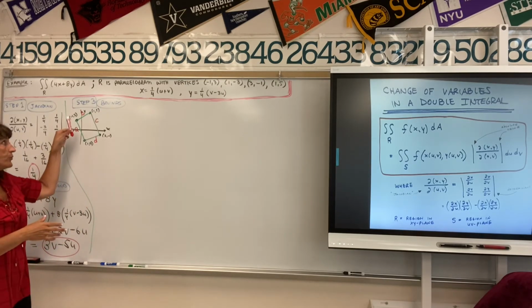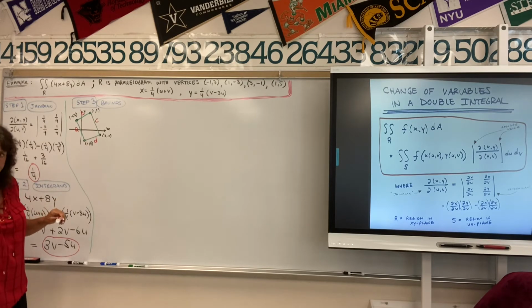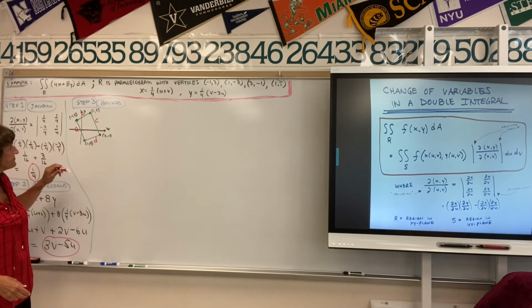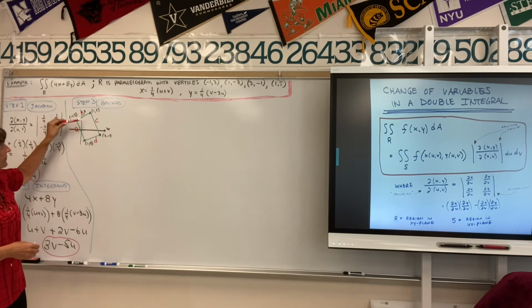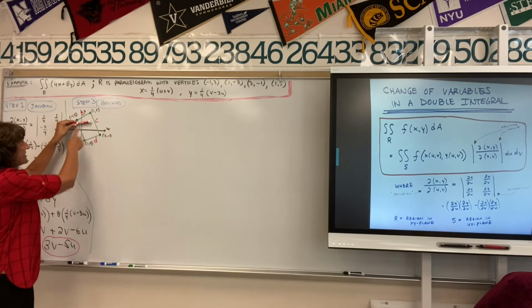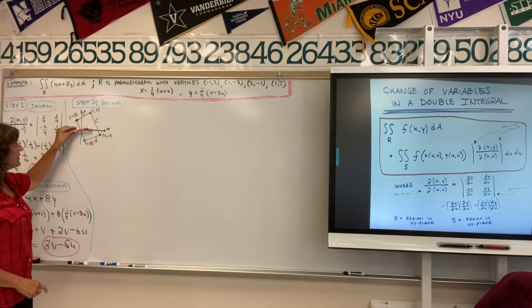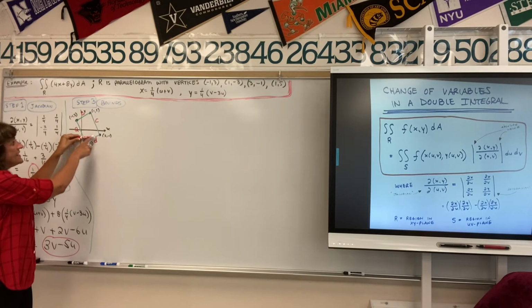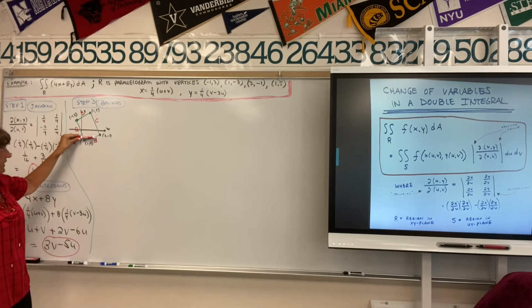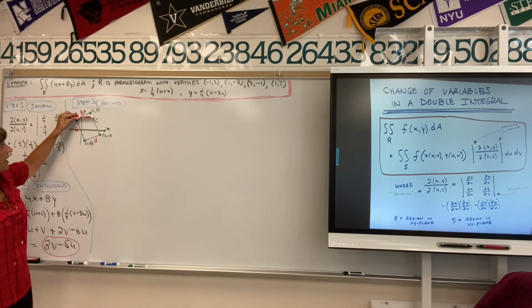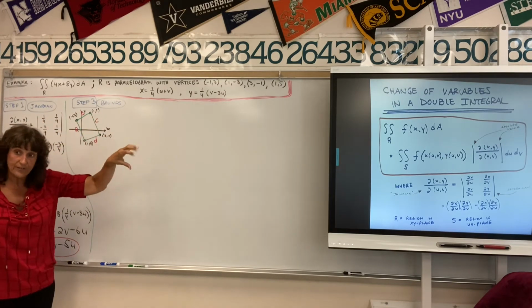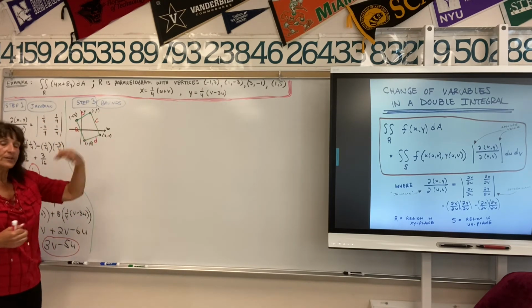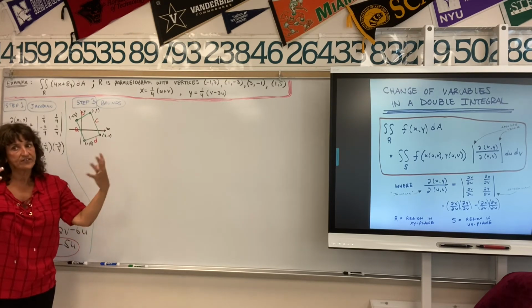What if instead of a type 1 with vertical slices, we considered a type 2 with horizontal slices? All right, so type 2 with horizontal slices, well, if you drew your rectangle way up here, it's going from side A to side C, okay? If you drew your rectangle down here, it's going from side A to side D. And then if you drew your horizontal slice way up here, it would go from side B to side C. So again, to do type 2 with horizontal slices, you'd still have to set up 3 sets of double integrals, evaluate 3 sets, and add them together.